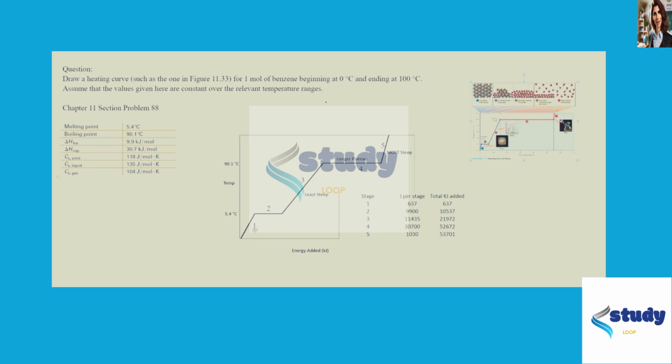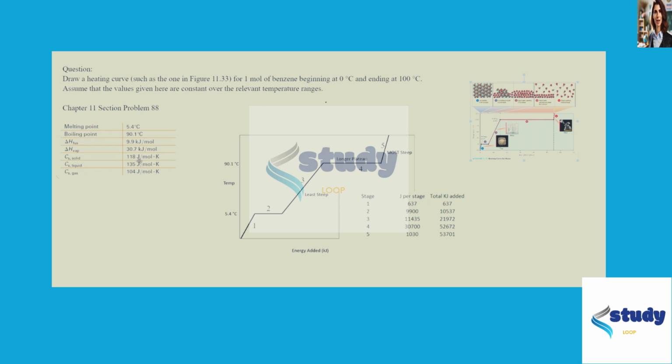Okay, so for steps 1, 2, 3, 4, and 5, going from 0 to 5 degrees Celsius, that's going to be in the solid stage, and the energy required to heat that is calculated by the specific heat of the solid, so 118 joules per mole per K. And throughout this whole calculation, we're assuming 1 mole.